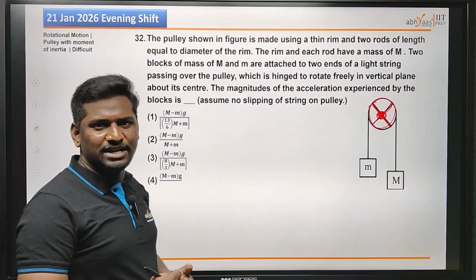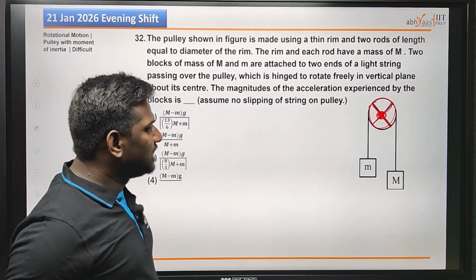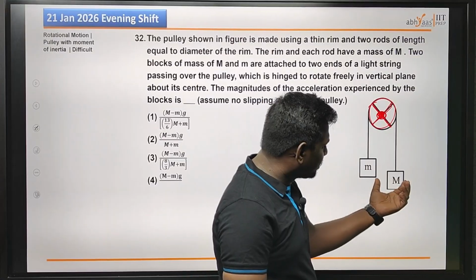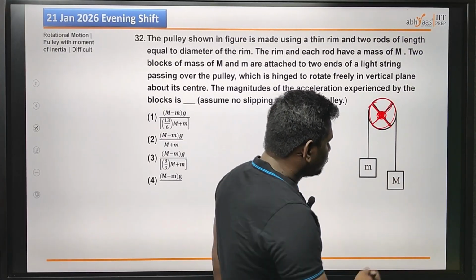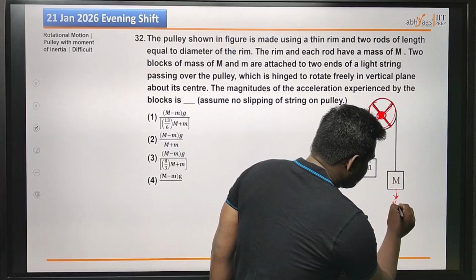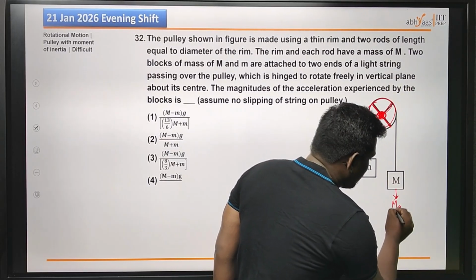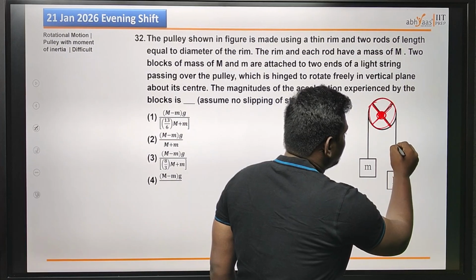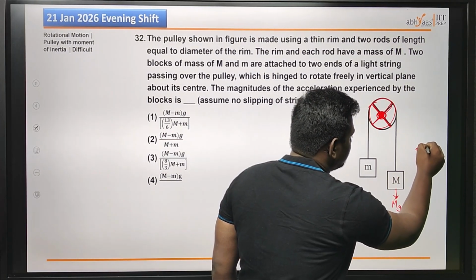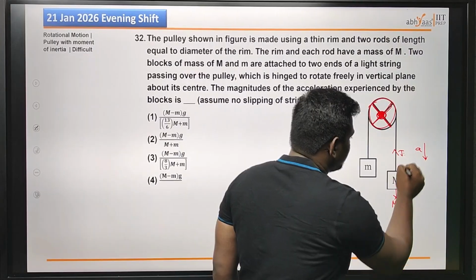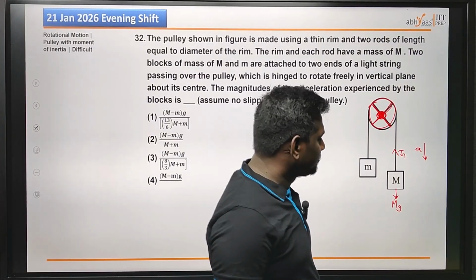Magnitude of acceleration. See here, this block is going downward. On the downward block, the force mg acts and the acceleration is downward, and a tension, take it as tension T1.